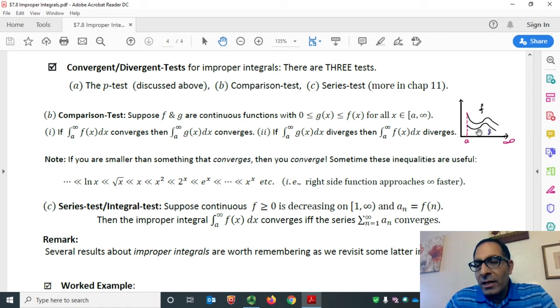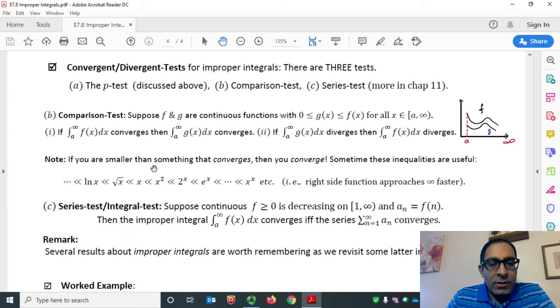If this smaller area diverges, meaning this smaller area is infinite, then obviously the bigger area is also infinite, because the bigger area is now bigger than infinite, right? And in the first case, if the area bounded by the bigger function is convergent, meaning a finite number, then obviously this smaller area bounded by the g function is automatically smaller than the number we got from the integral of f. It means automatically convergent. I hope this makes sense to you all.